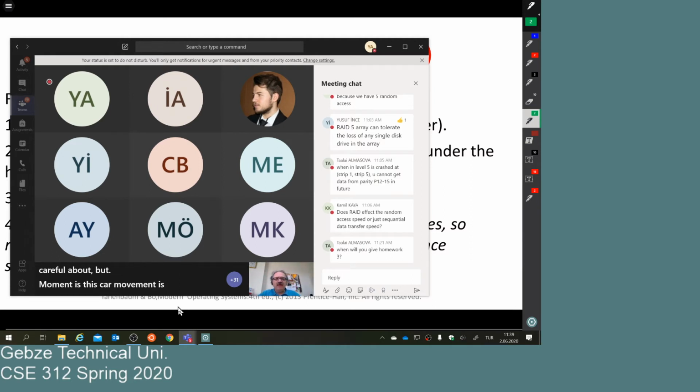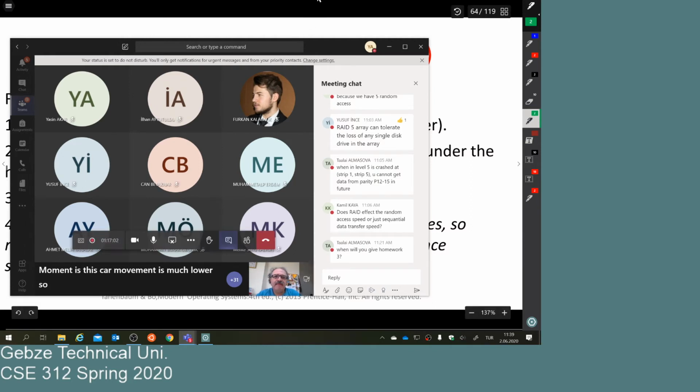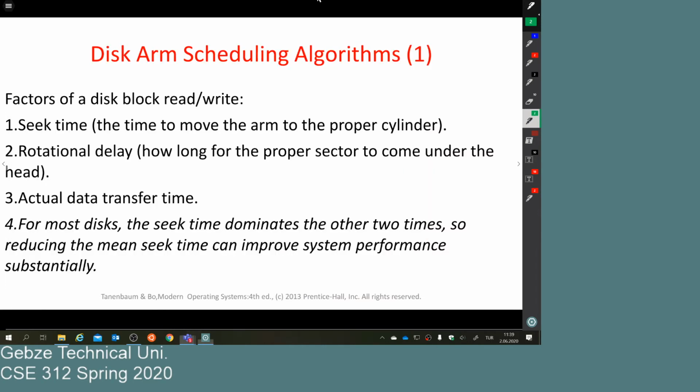So when I am a disk driver, if somebody tells me that I need this data and another process says that I need this data and that data, let's say I have many data requests, it is important to schedule them. If you schedule them randomly, your disk performance will be bad.